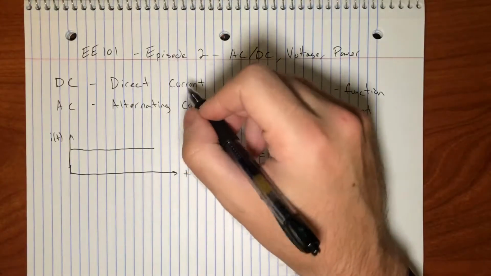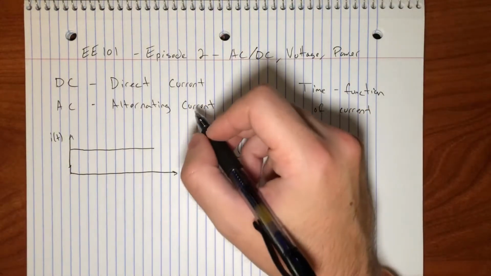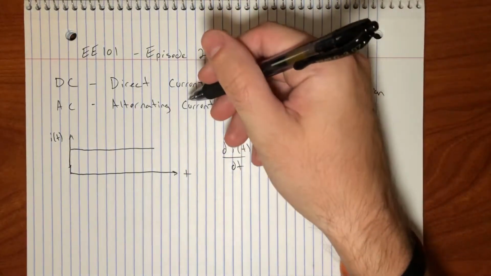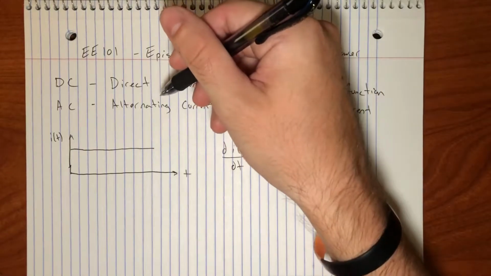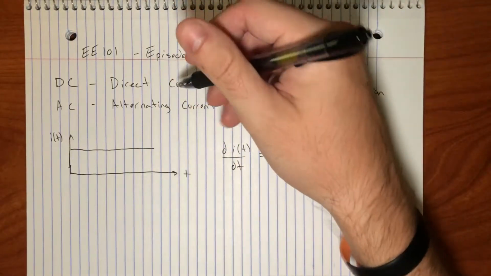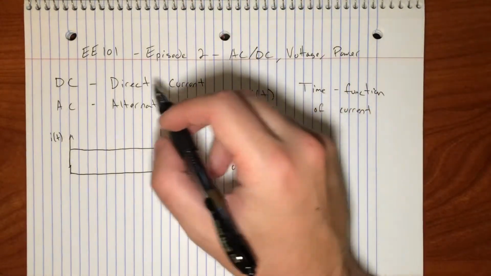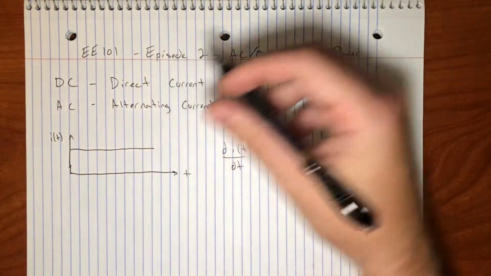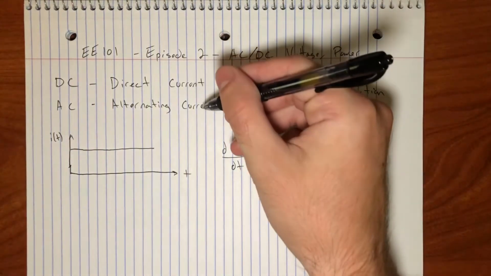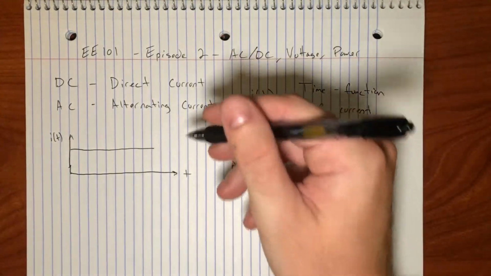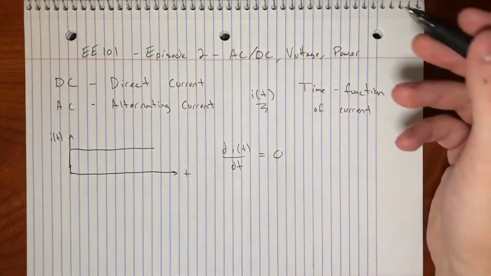These are two fundamental concepts you need to understand as we move forward in electrical engineering, but they're by no means all-encompassing. They'll get you very far, but they're not the end-all be-all. There are going to be situations where you can't describe what's happening with just DC or just AC or even a combination of both. But nonetheless, these are very important and will get us 90% of the way, 90% of the time. So let's talk a little bit more about them.